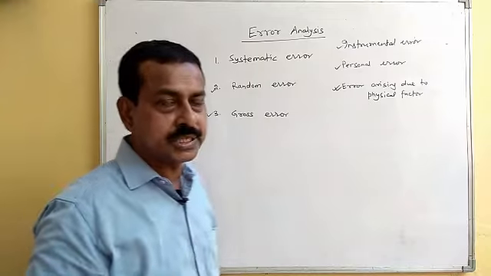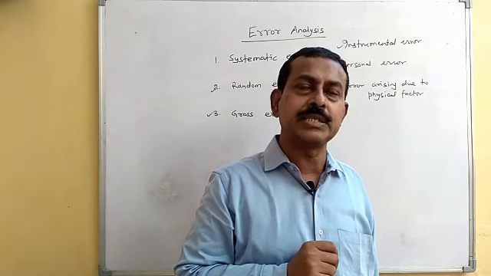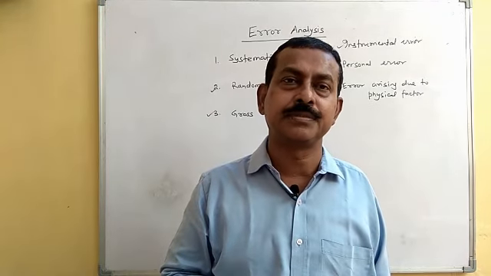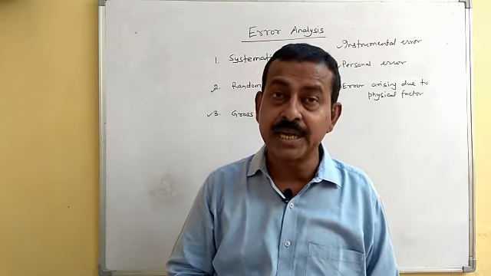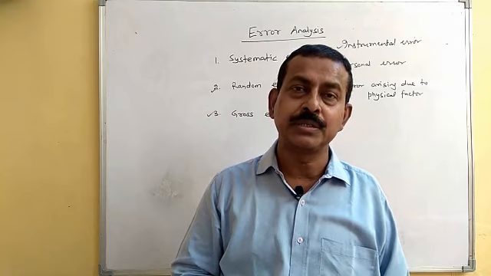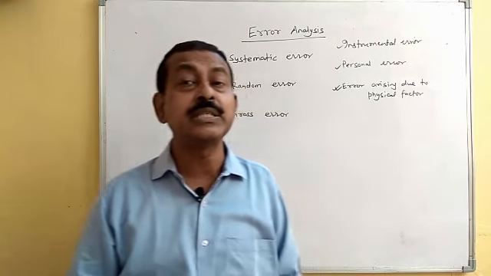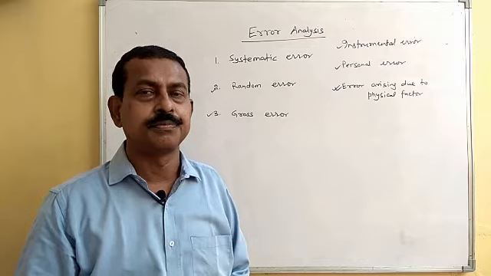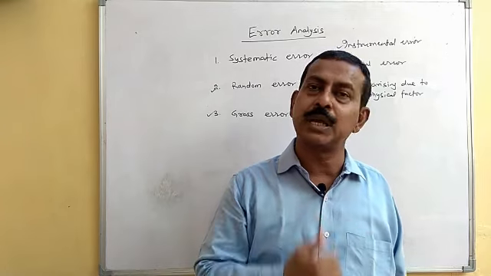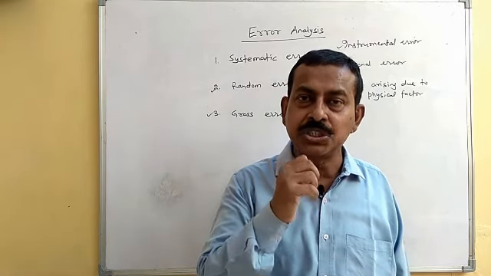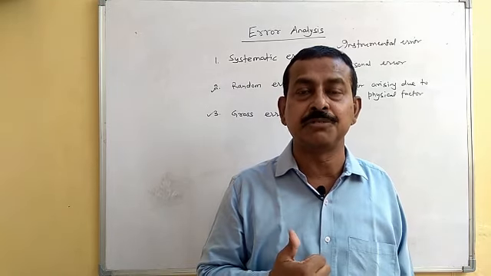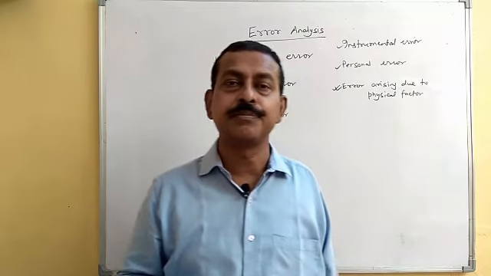The third one is gross error. Gross error arises due to sheer negligence of the observer or experimenter. Suppose the experimenter is doing an experiment without actually setting up the apparatus, like taking observations in a physical balance without checking or setting it.